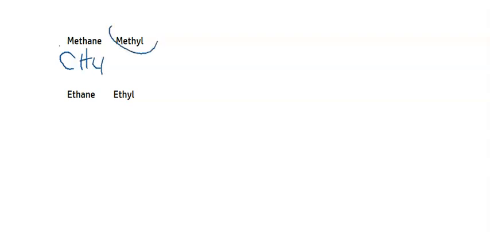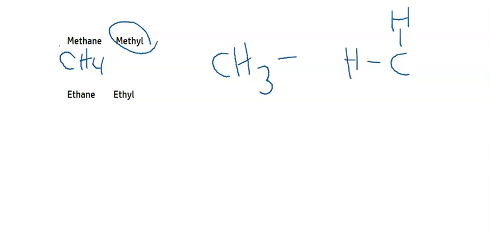A methyl group is when we pull off one of the H's and we have 3 H's, but we've got 1 more bond left, and that is going to attach itself to the molecule. If I blow this out, we have the tetrahedral shape, which you can't see on a 2-dimensional surface. But one of the 4 is where it would get attached to the molecule. That is known as a methyl group.